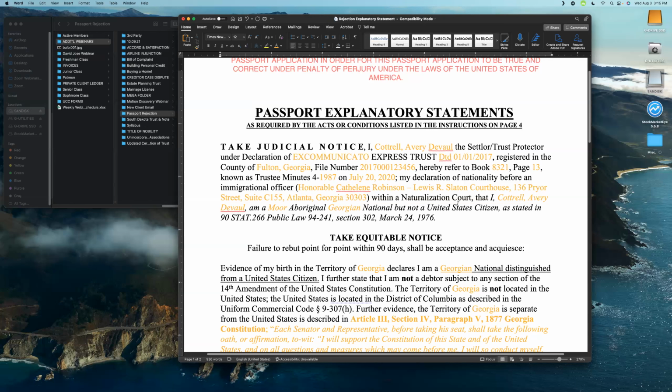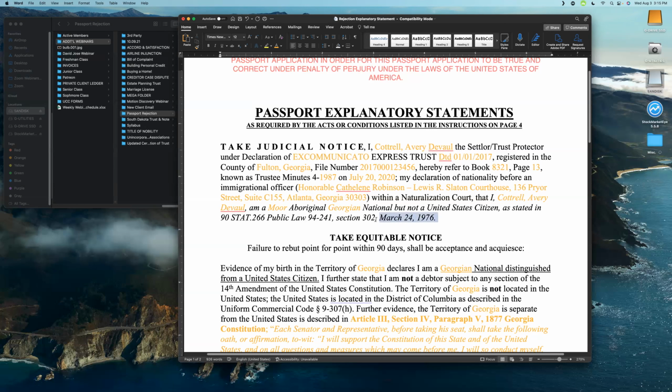Within a naturalization court that I, blah, blah, blah, am a Moor, Aboriginal Georgian national, but not a United States citizen, as stated in 90 Statute at Large, 266, Public Law 94-241, Section 302, March 24th, 1976.